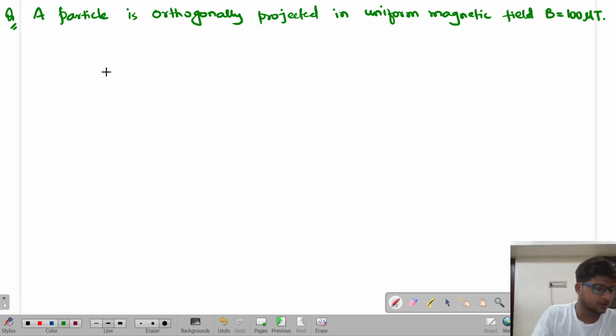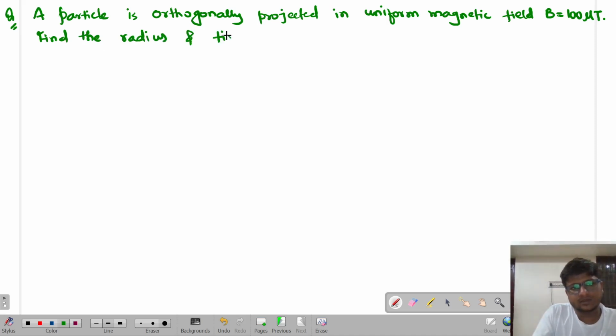Okay. Find the radius and time period of motion.